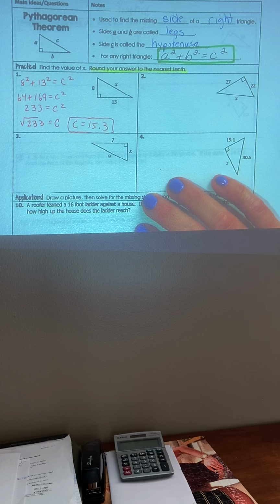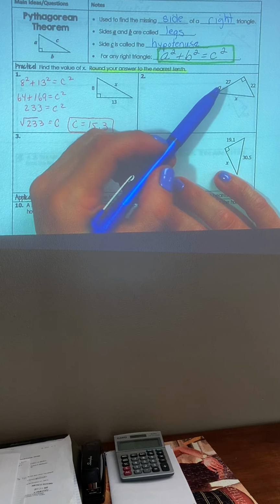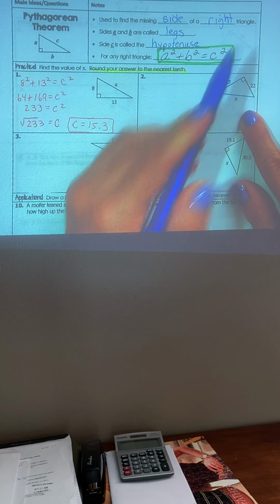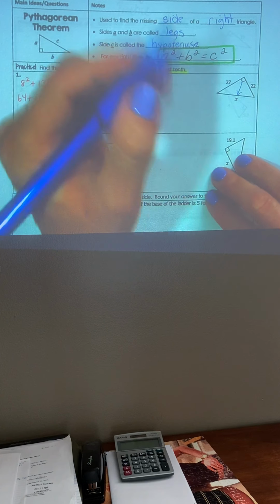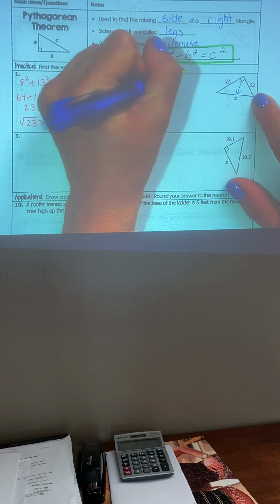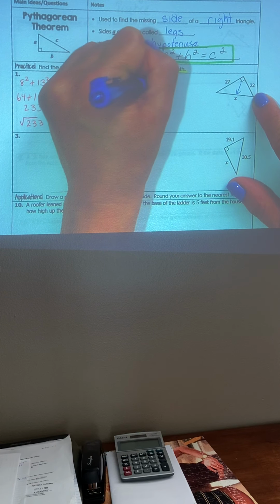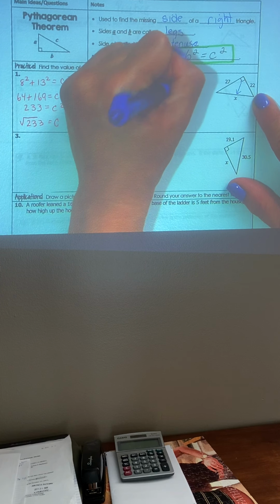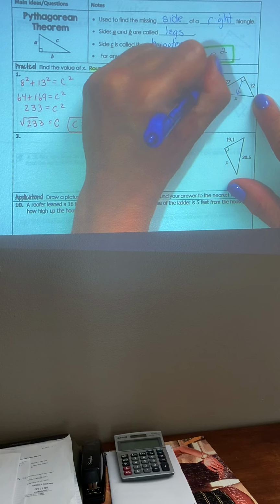Now here, if you notice, C is here. So we have a squared, which doesn't really matter which. A is 22, so 22 squared is 484. 27 squared is 729, and we don't know c squared.